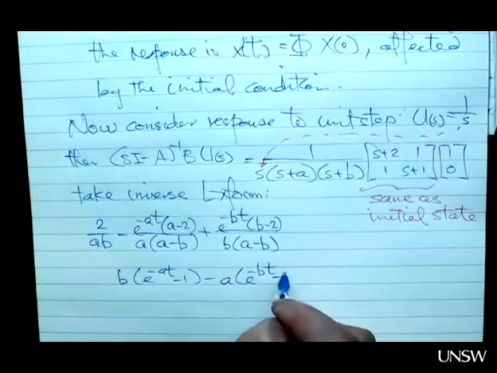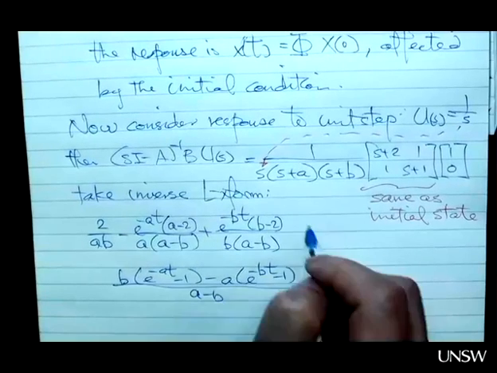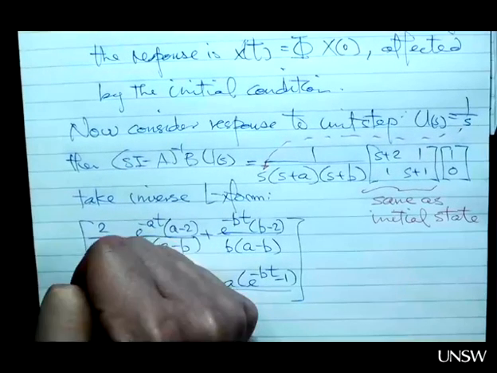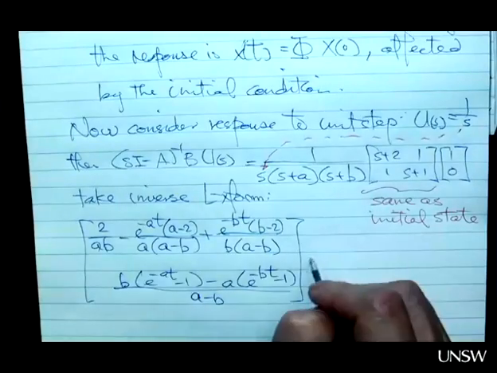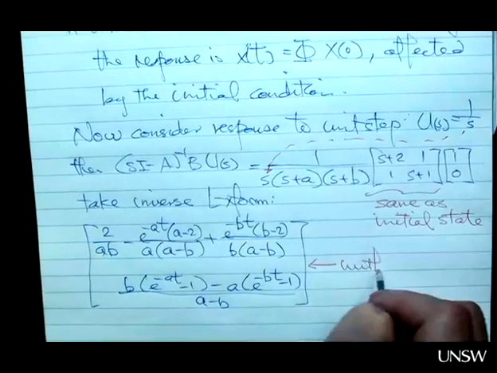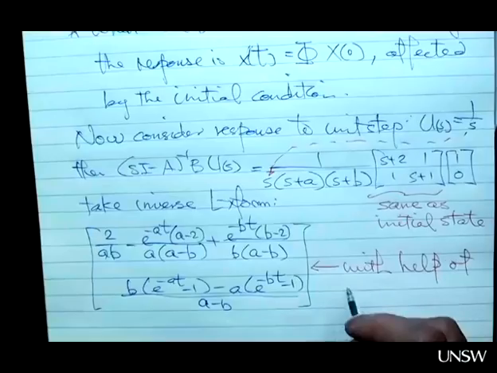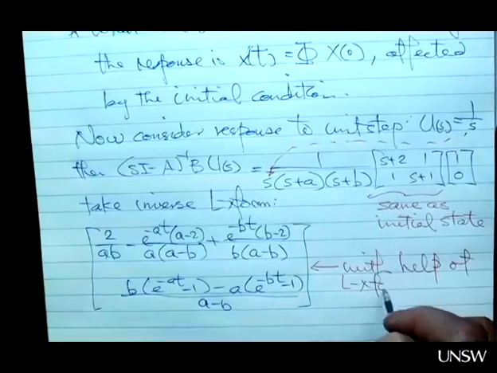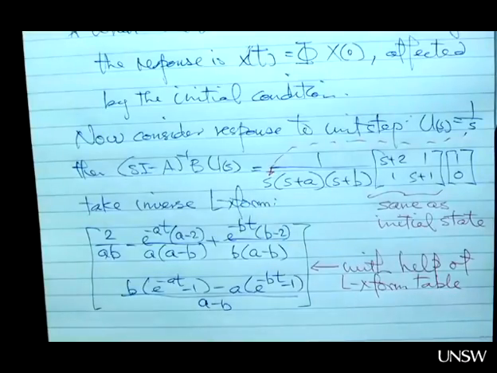It's divided by a minus b. So this one is with the help of the Laplace transform table. Otherwise, it will be very tedious to work it out by hand.